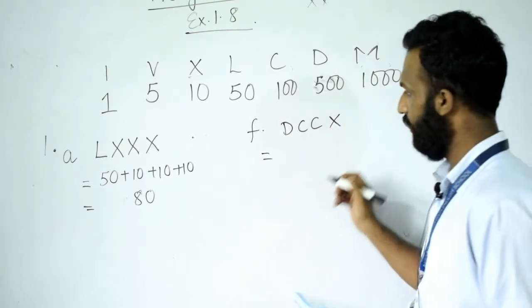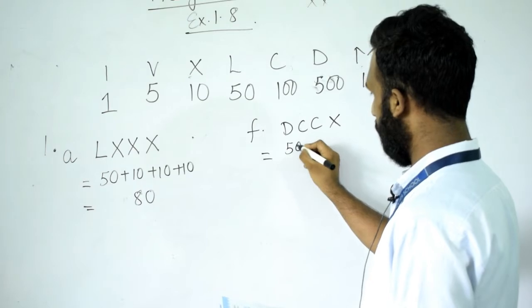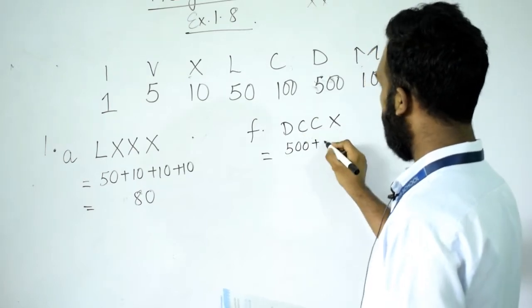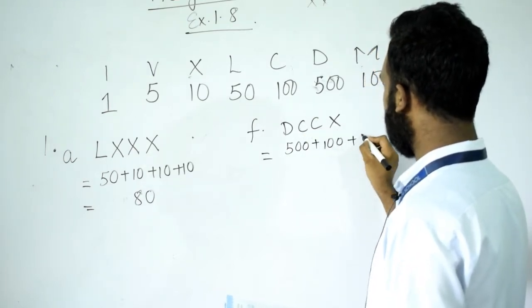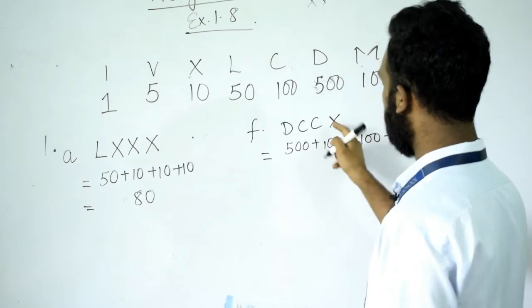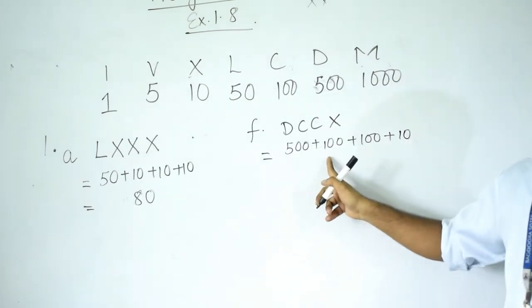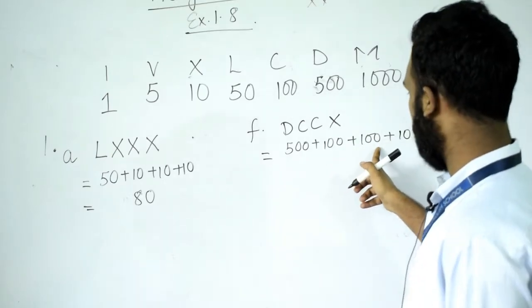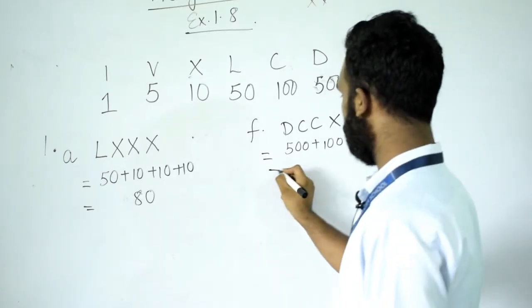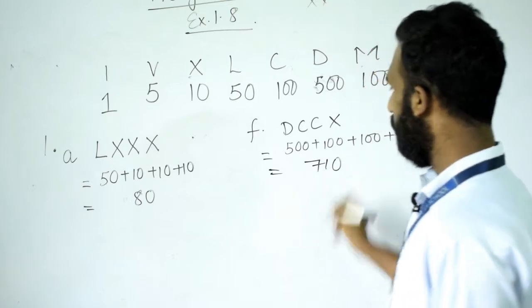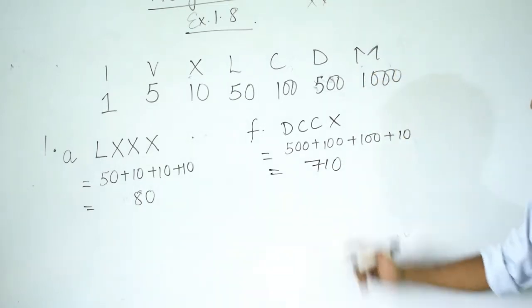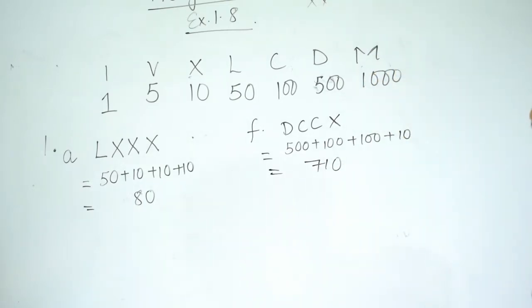They are being added. D is 500, C is 100, again C is 100, plus X is 10. So 500 plus 100 is 600, 600 plus 100 is 700, 700 plus 10 is 710. So this is how you write the Hindu-Arabic number for the Roman numerals.